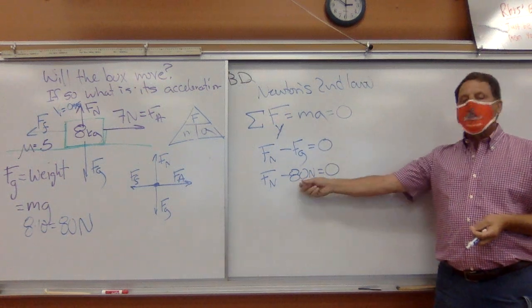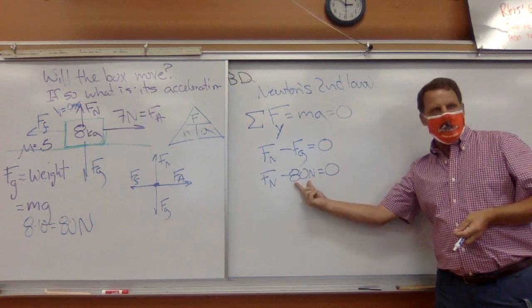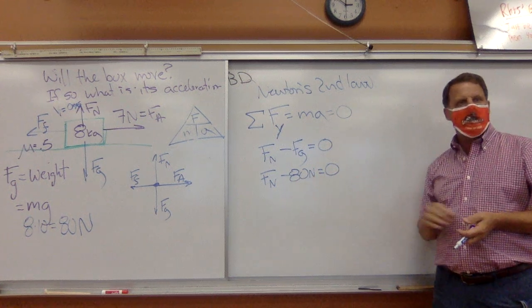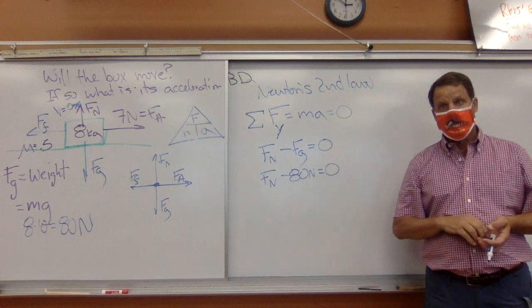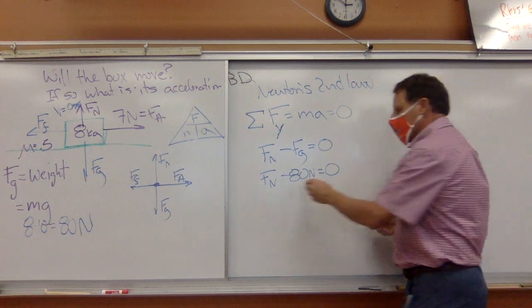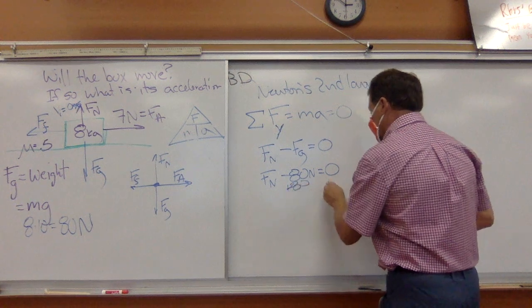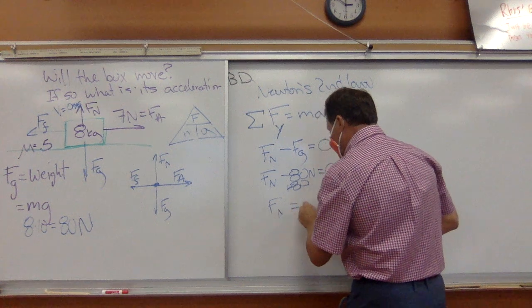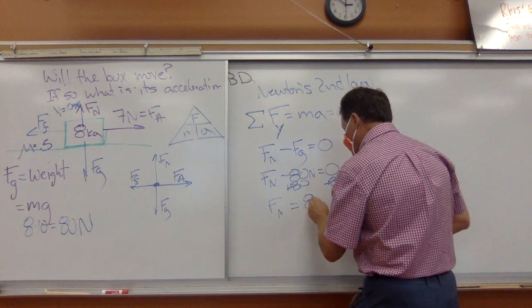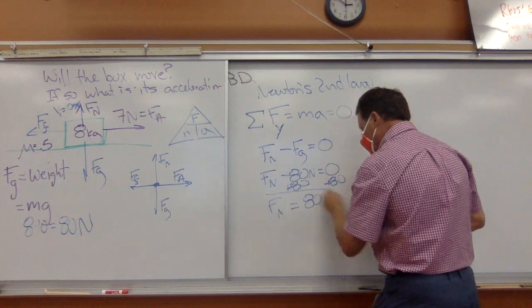Now, how do we get this negative 80 to the other side, algebraically, and make it positive 80? We're just going to add 80 to both sides. And we're going to say the normal force is equal to positive 80 newtons.